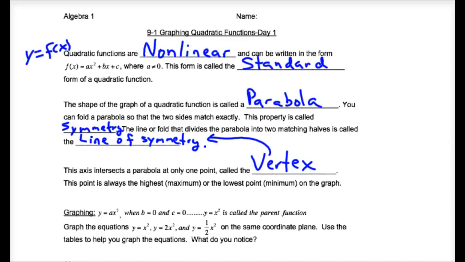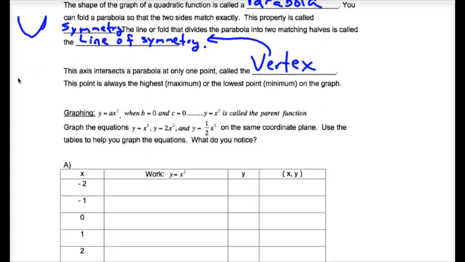This point is always the highest or lowest point, one or the other. If it's the highest, it's a maximum. If it's the lowest, it's a minimum on the graph. If it's an open up one, the traditional one, do you guys agree if it opens up, that's the minimum, that's the lowest point on the graph?